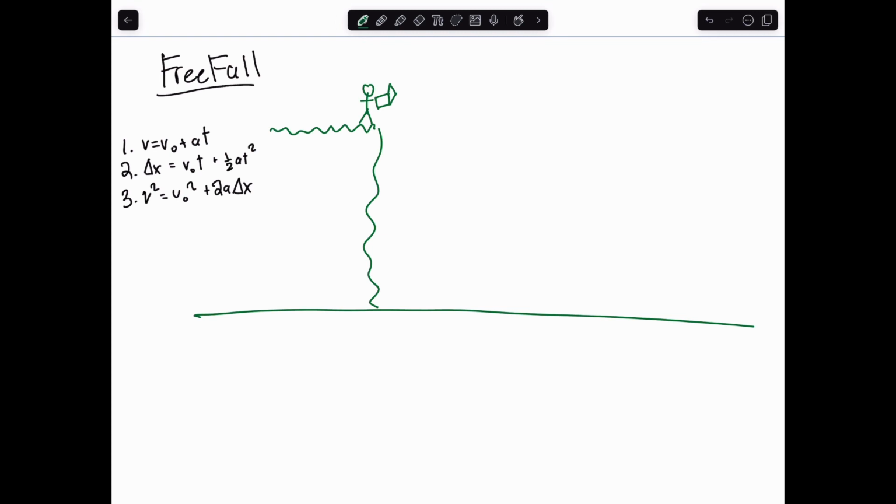Let's say, from this point, he throws it upward at 5 meters per second. In total, it takes 10 seconds for this DVD to eventually reach the ground. The question is, how high was the cliff?